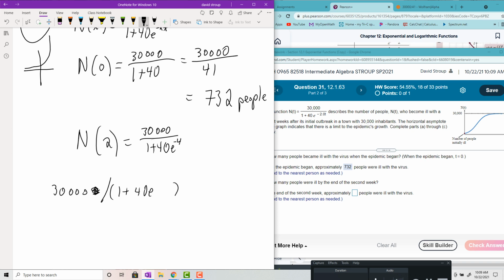For e you have to hit second ln, and then caret negative 4. Okay, make sure you can type that into your calculator.